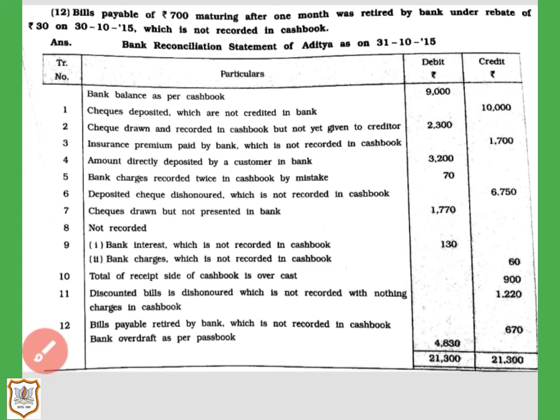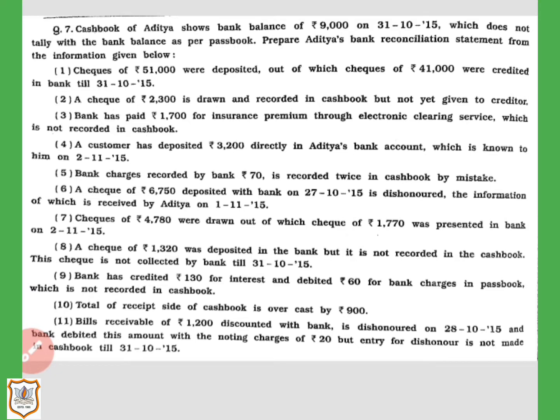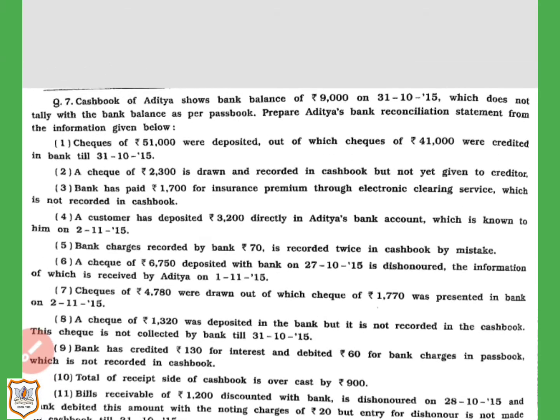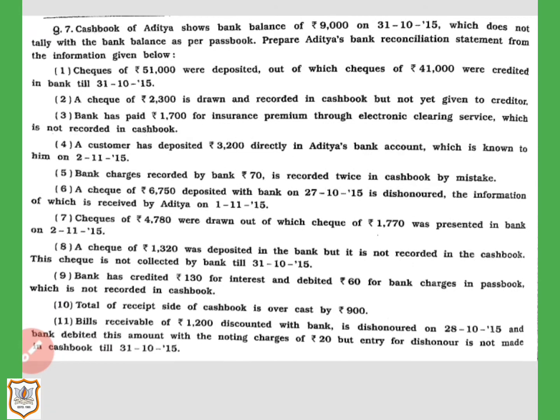Information number third. Here it is, bank has paid rupees 1,700 for insurance premium through electronic clearing service, which is not recorded in cash book. Here insurance premium is an expense for the trader and it is not recorded in cash book. If it was recorded in cash book, it would be recorded on credit side of bank column in cash book.